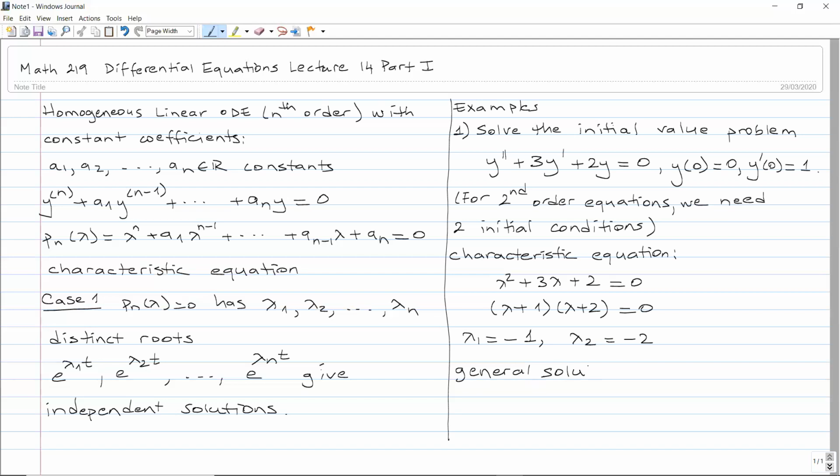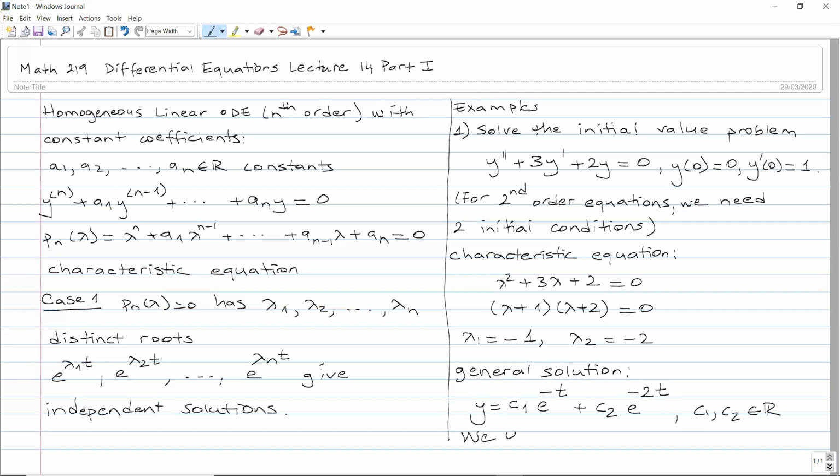General solution then, constant C1. For lambda 1, we have the function e to the minus 1 times t plus C2 times, for lambda 2, we have the function e to the power minus 2 times t. Now, this is the general solution for any constants C1 and C2.